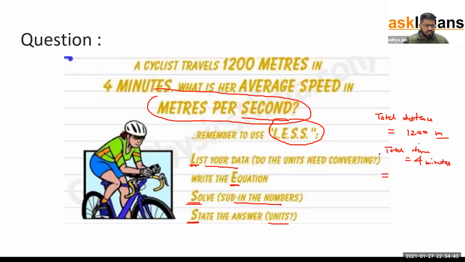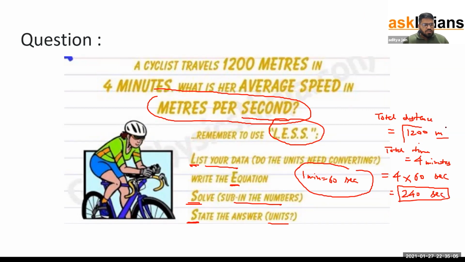We are listing the data and converting according to the needs. I'm converting minutes into seconds. 1 minute equals 60 seconds. So 4 minutes will be equal to 4 times 60 seconds, which gives you 240 seconds.